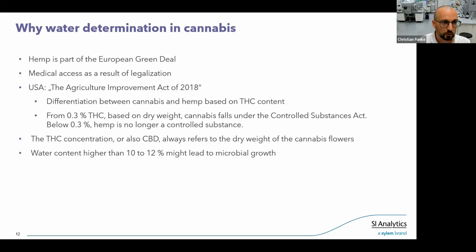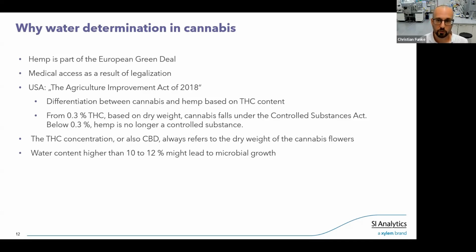The treatment of cannabis and hemp changes, especially in the USA, but also in other countries, with the Agriculture Improvement Act of 2018. In this act, this was the first time that the differentiation between cannabis and hemp was made.